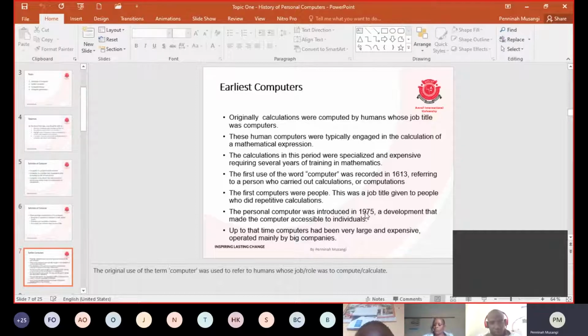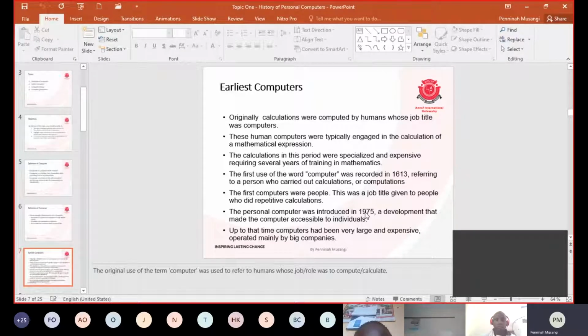When you were employed and your work involved computations, your job title was computer. That is the original use of the word computer. These human computers were typically engaged in the calculation of mathematical expressions, so those people were mainly doing calculations.